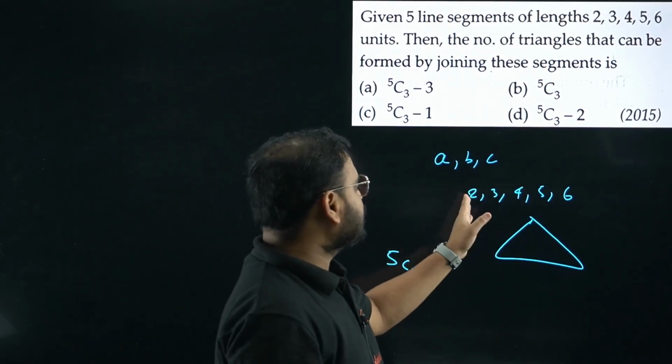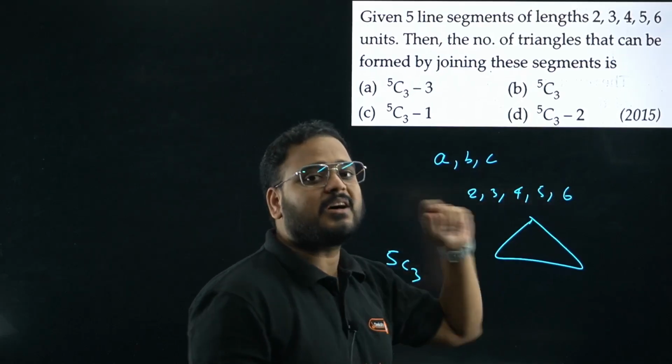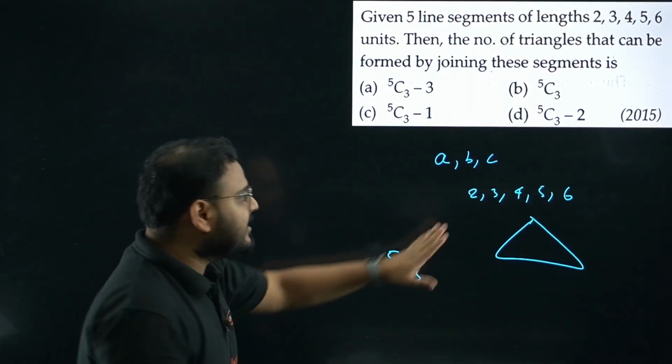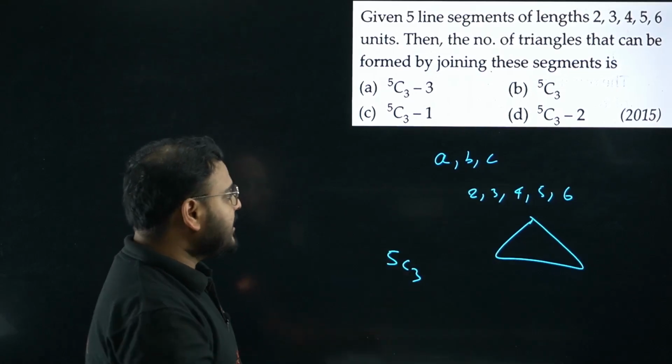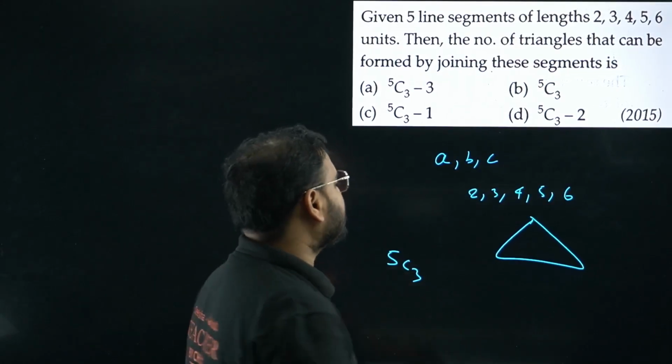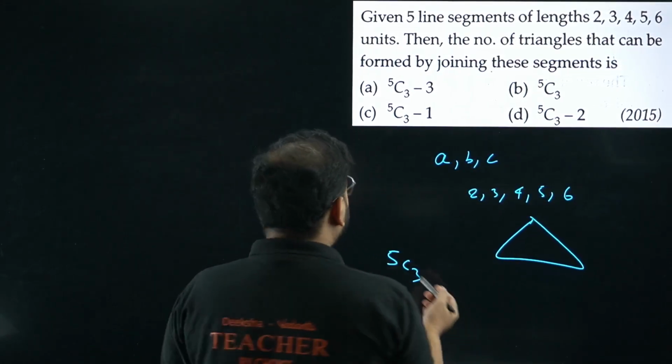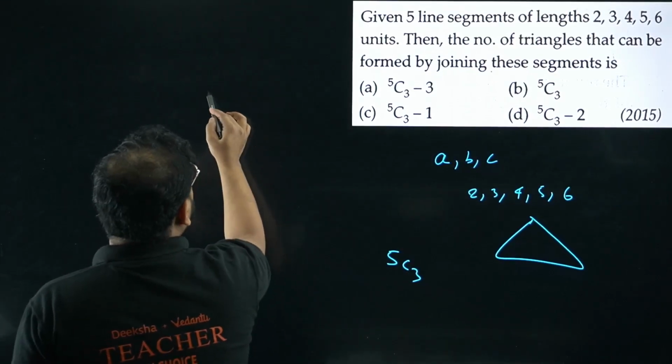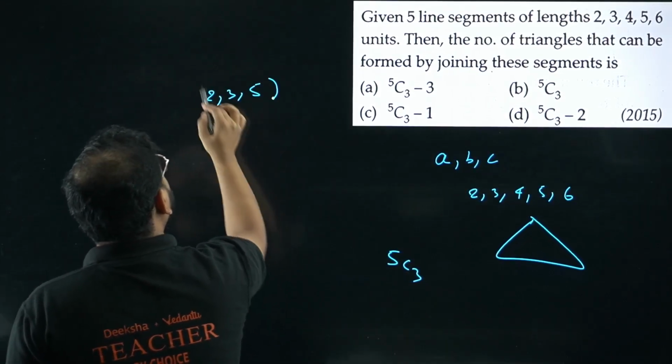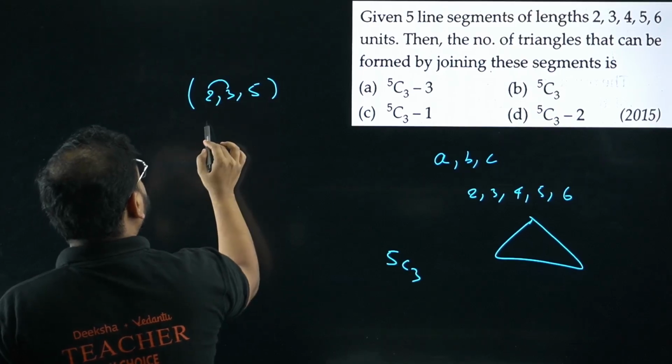These are sides: 2 units, 3 units, 4 units, 5 units, 6 units. To make a triangle, I need 3 lengths from here. But is any combination of 3 lengths okay? Think about it. If I take 2, 3, 5, then 2 plus 3 is 5.